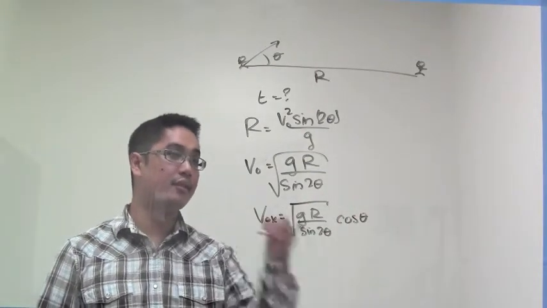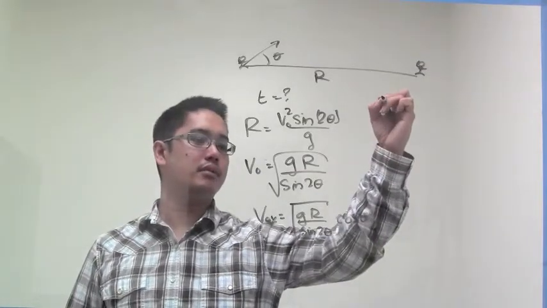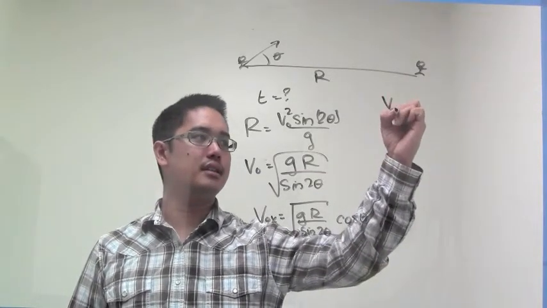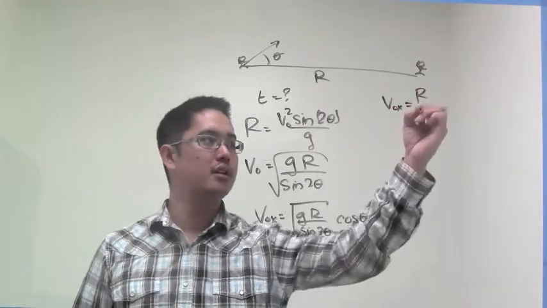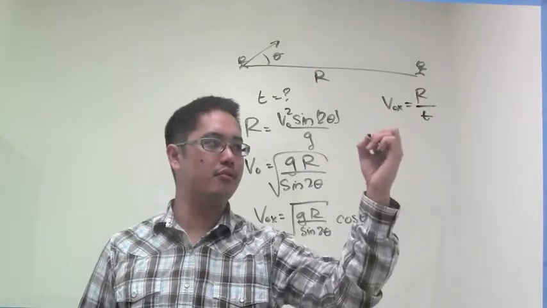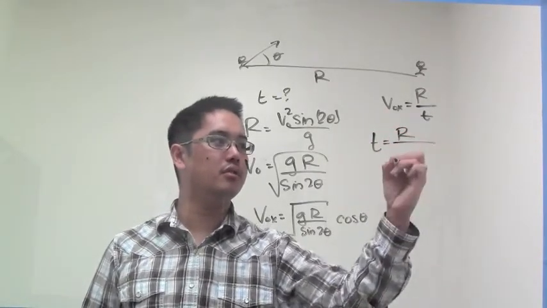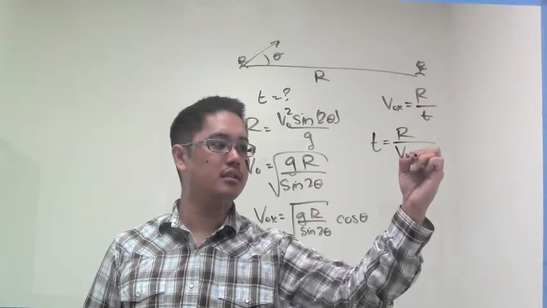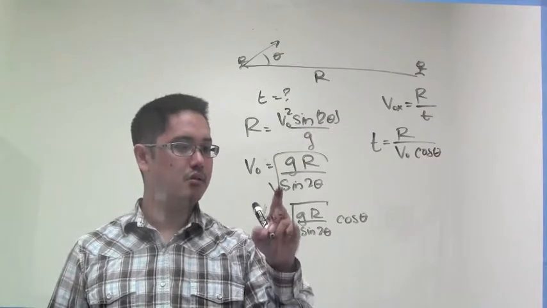If I want to figure out the time it took, this velocity in the x direction is equal to the distance he had to run, r, divided by the time. If I want to figure out the time, I just solve for t, and I end up getting r over v naught cosine theta.